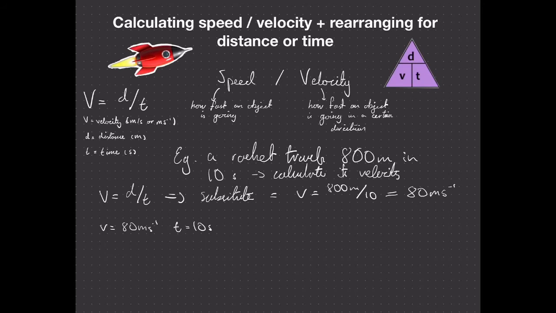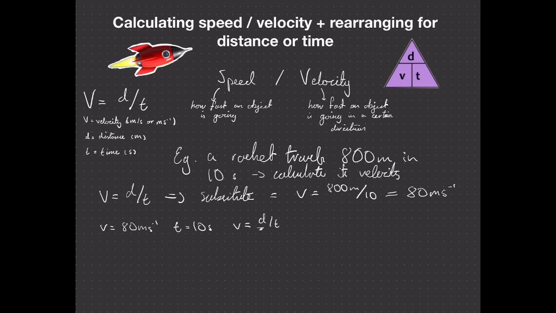I'm going to start out with my equation, v equals d over t. Now we're looking for distance in this particular equation, so we're going to make d the subject of our equation.